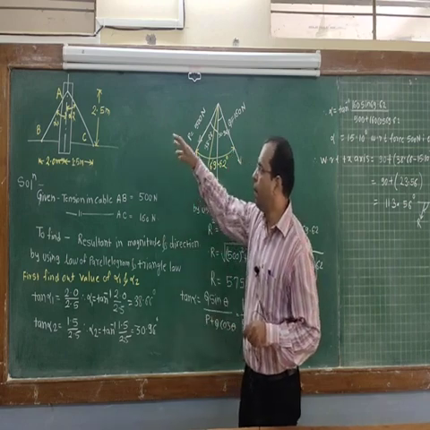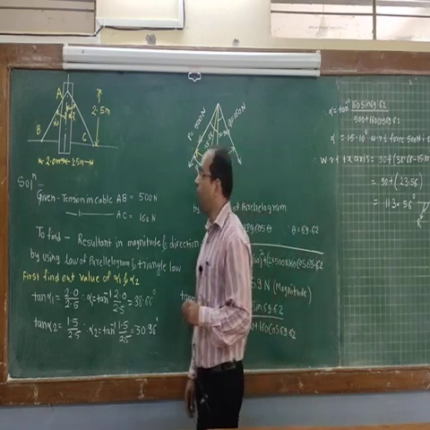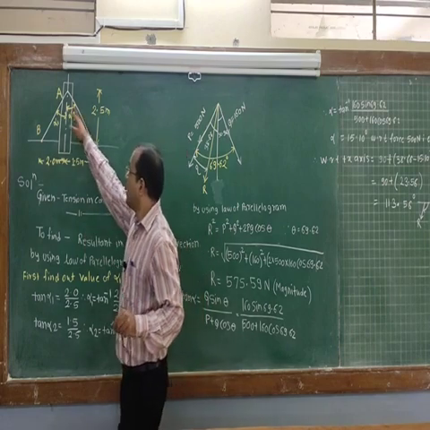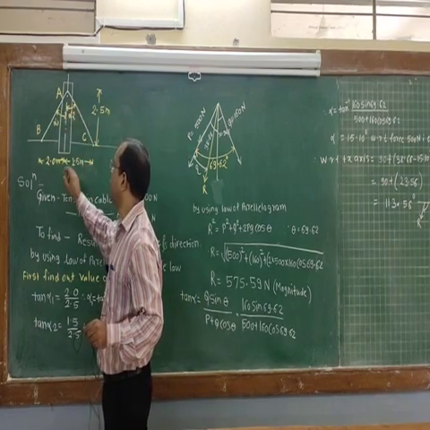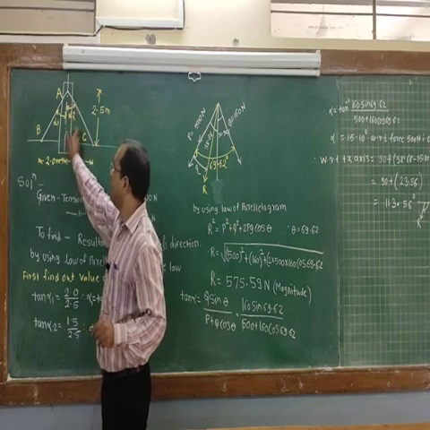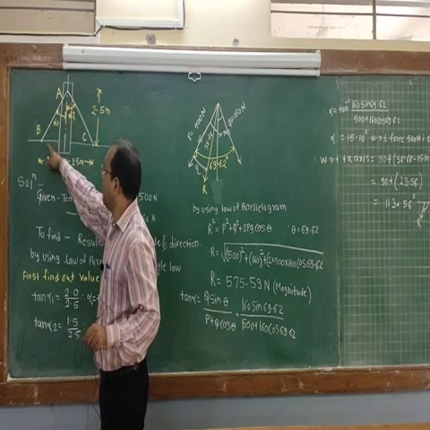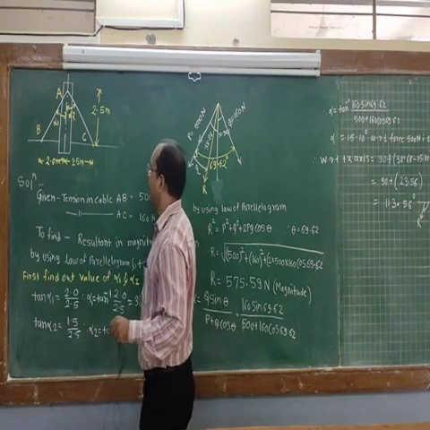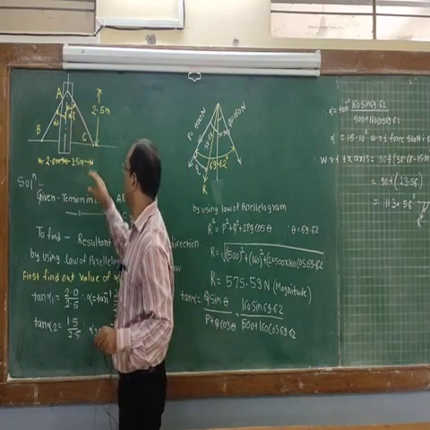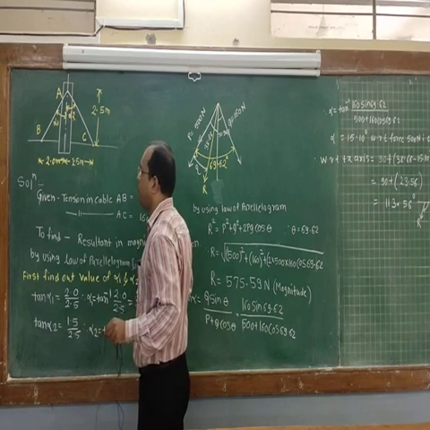In this figure, it is mentioned in the statement of the problem that there are two cables, cable AB and cable AC, which support this pole. The tension in cable AB is 500 Newton, and the tension in cable AC is 160 Newton.